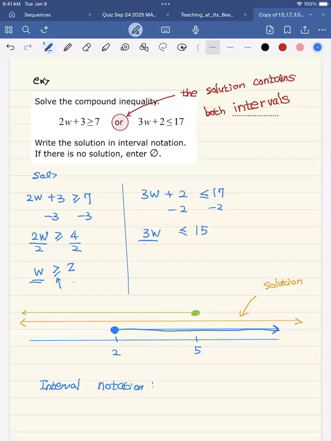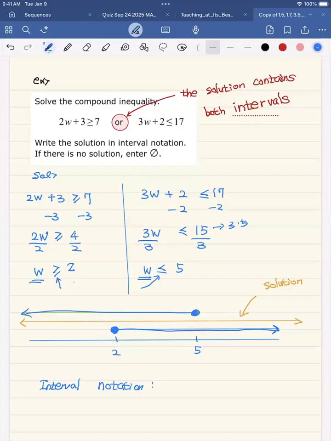And then we divide by 3 on both sides. Again, we don't switch the inequality direction because 3 is a positive number. So w is less than or equal to 5. It contains an equality sign, so 5 is included. So again, we use this notation. This time, w is less than or equal to, so we use a left arrow notation.